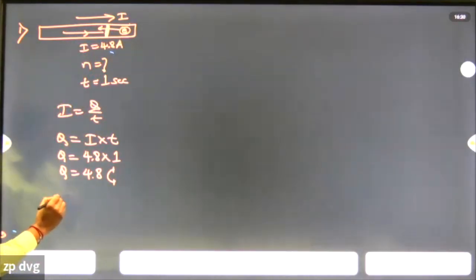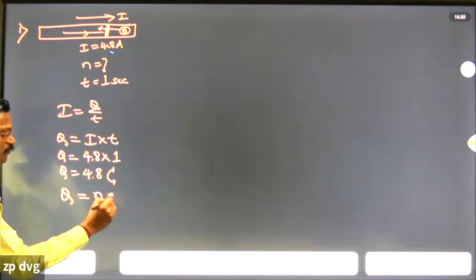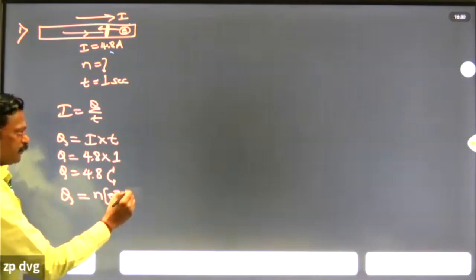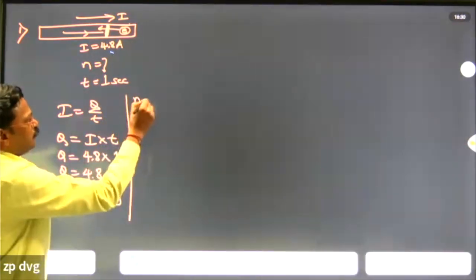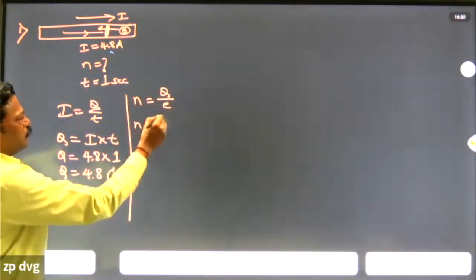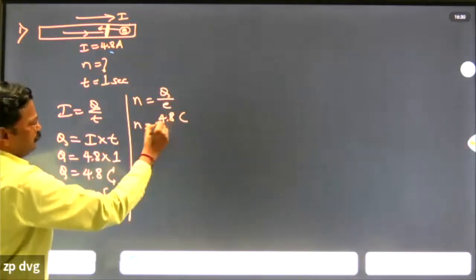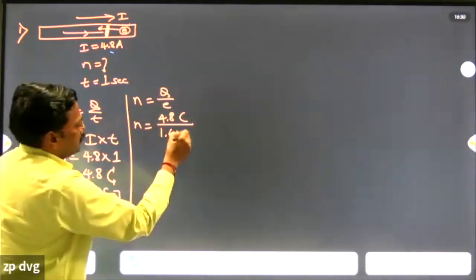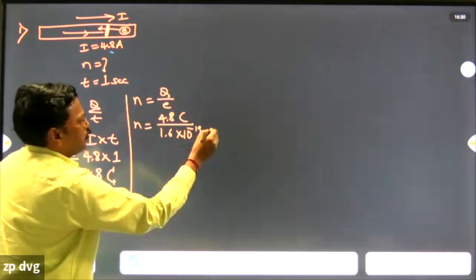The number of electrons is given by quantization of charge. By definition, quantization of charge is given by Q equal to n into E, where n is an integer. This is quantization of charge, one of the fundamental properties of charge. Now here we need to find n. So n will be equal to Q by E. Q is given as 4.8 coulomb, and we know the charge of an electron is 1.6 into 10 power minus 19 coulomb.